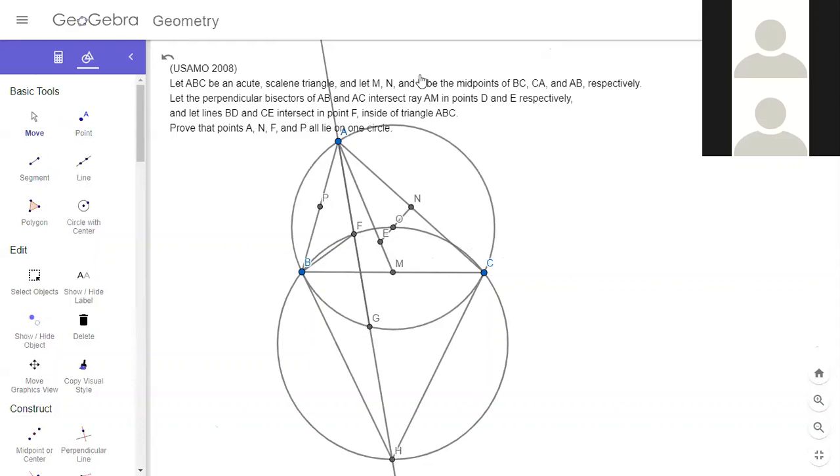EAC is GAB, is BCG, is ECA. So E and F are like isogonal conjugates, right? How did we prove F is on BC and the other point? I couldn't see.